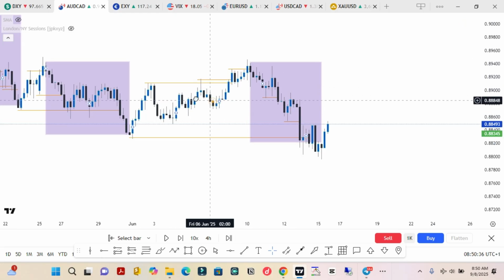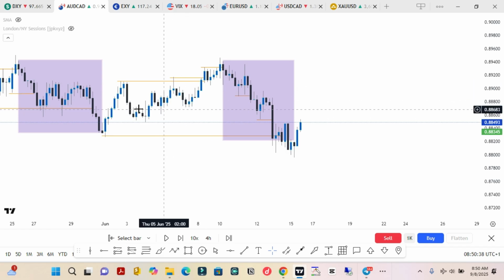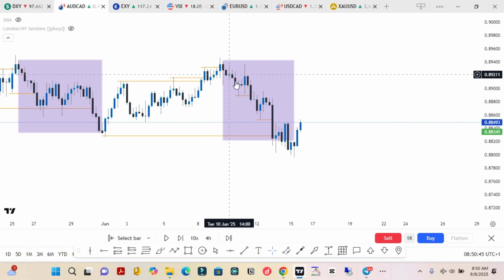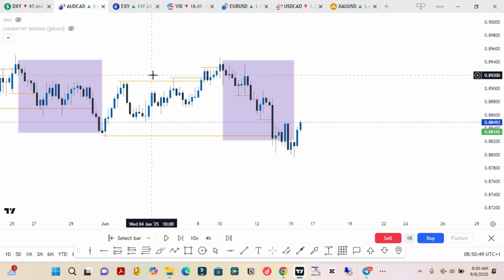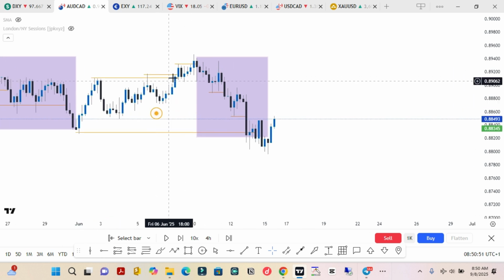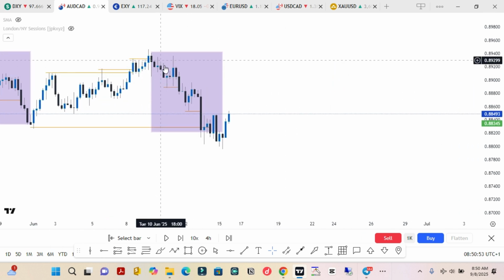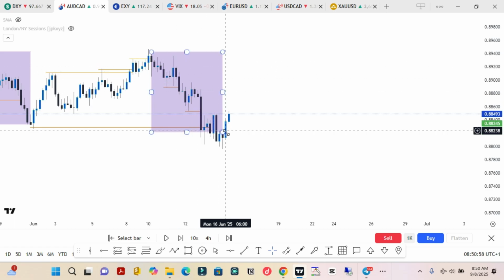So because of that, I am not going to be looking for any buys here. I'm definitely going to be waiting for the price to give me another break of structure towards the downside, which is in confluence with the overall structure. Then I'll start looking for more sales to the downside.